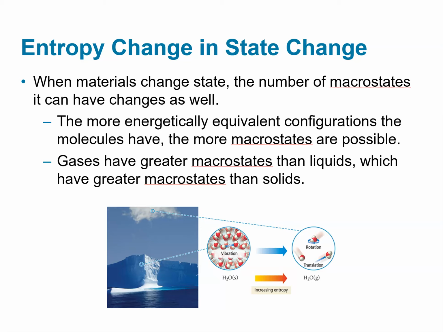So gases have the highest number of macrostates available, higher than liquids, which in turn have more than solids, because of the ability to put the molecules into more diverse positions through vibration, rotation, and translation.